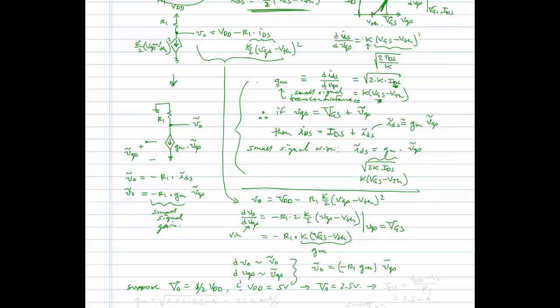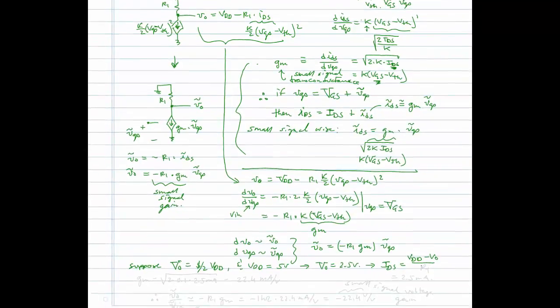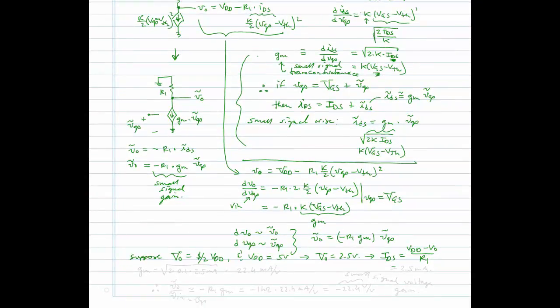It also means that the operating point current IDS is going to be equal to VDD minus VO over R1, which is 5 volts minus 2.5 over 1K, or 2.5 volts over 1K, which is 2.5 milliamps. Based on that, we can calculate GM as being the square root of 2 times, what did we say K was? 0.1.